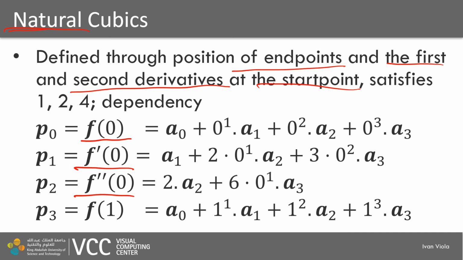And the last constraint is P3, which is the position of the first endpoint of the first segment of these natural cubics.